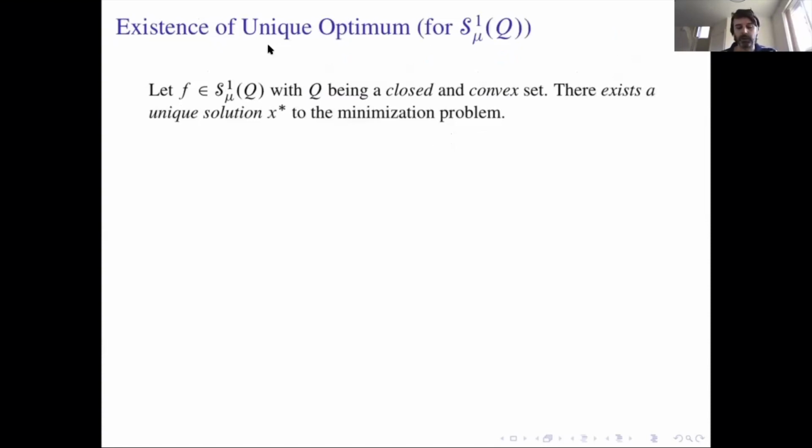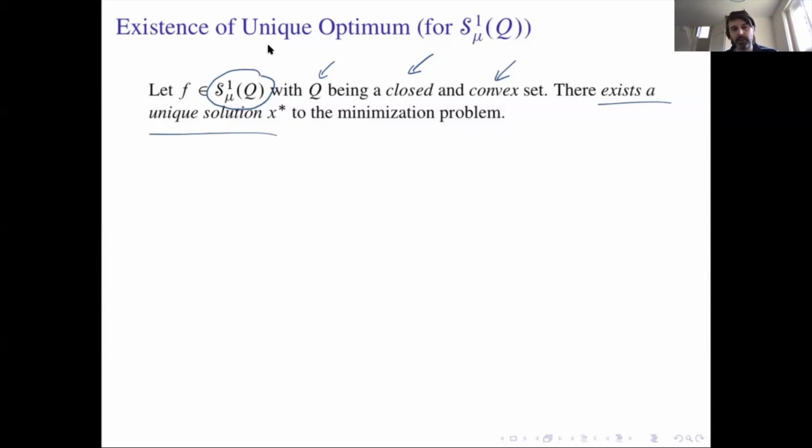So generally, you're also interested in the existence and uniqueness of an optimum. So here I'm now looking at a further condition. We are again in a simple setting, closed and convex set Q. Now here's a difference. Instead of looking at arbitrary convex functions, I'm now looking at strongly convex functions, at least one-time differentiable with convexity coefficient mu acting on Q. And then the statement of this proposition is there exists a unique solution x star to the minimization problem.